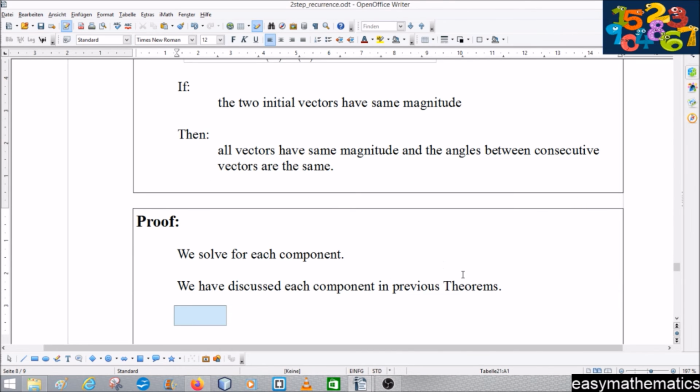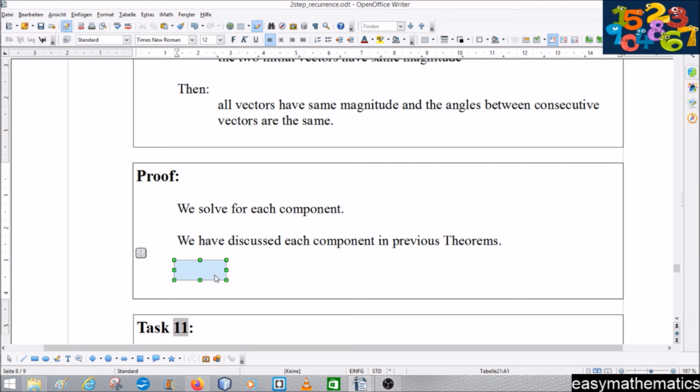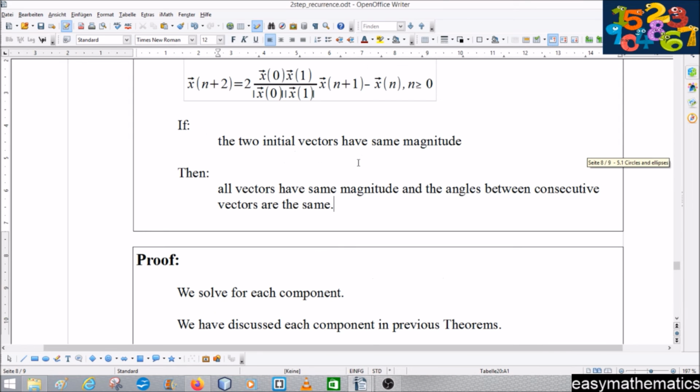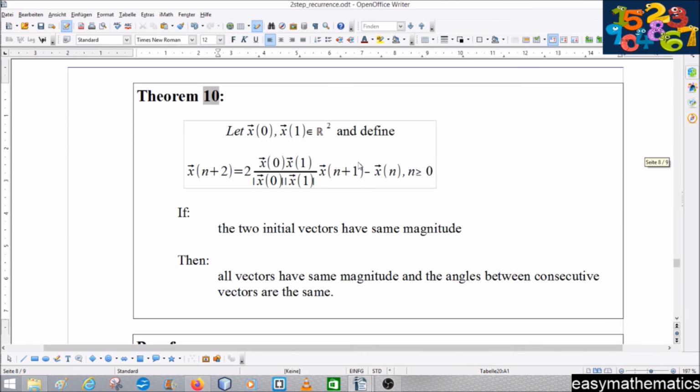Just write it down, and yeah, it's a nice exercise, and we get the circle indeed. Take pen and paper, try the calculations, I recommend this.